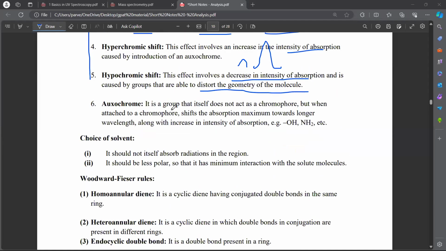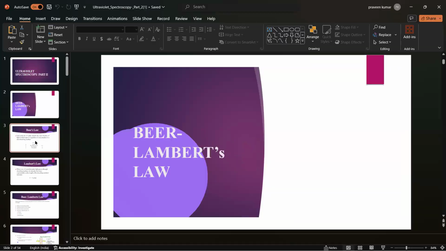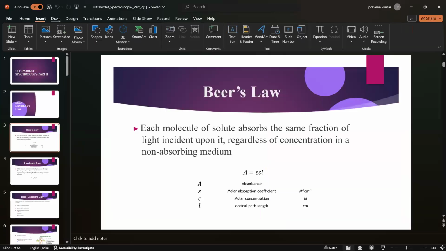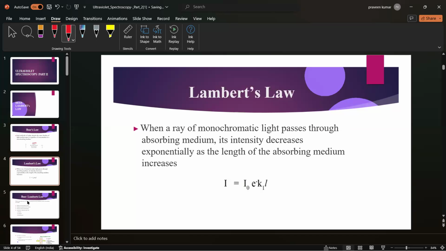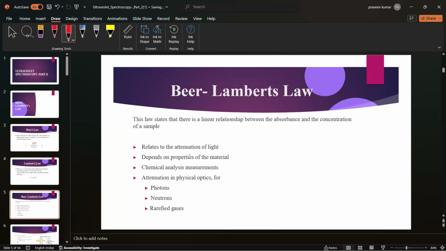Let us also have another slide regarding the UV. Here I have discussed everything about Beer-Lambert's law, which is A equals epsilon c l.